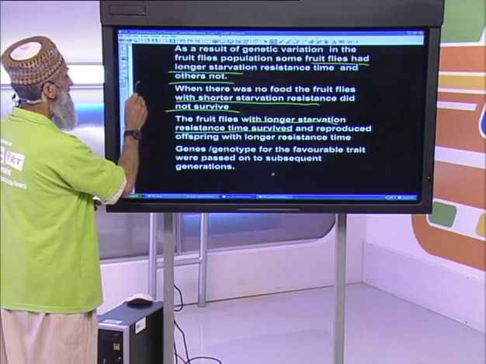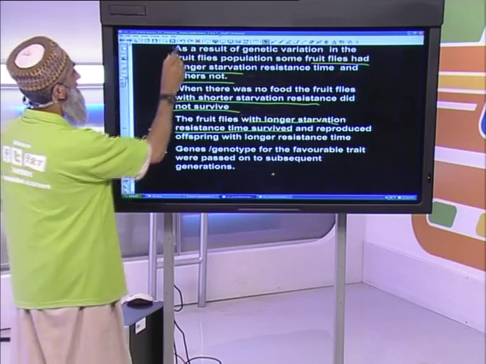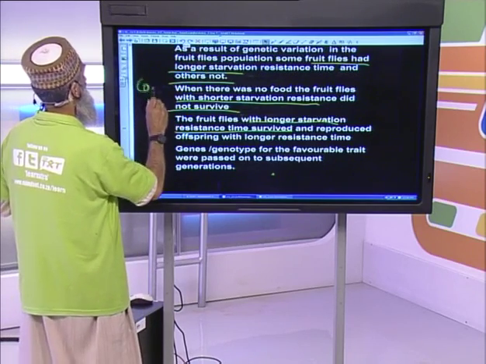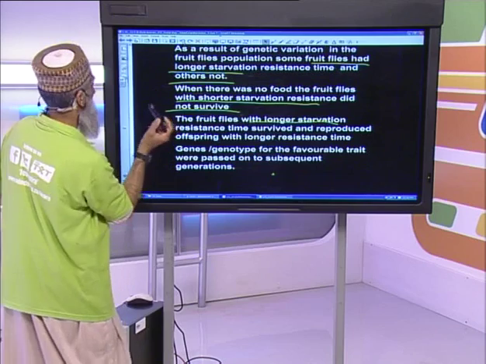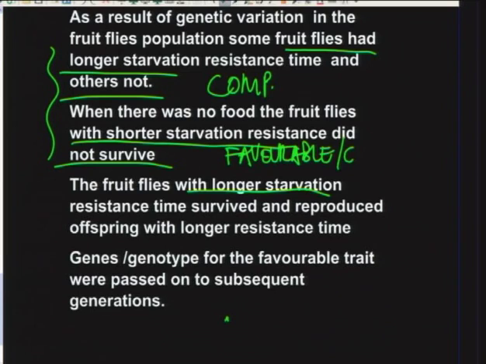What are we talking about here? We are first of all talking about competition. There's competition taking place because they are competing for space and food, etc. And we are talking about favorable and unfavorable characteristics.